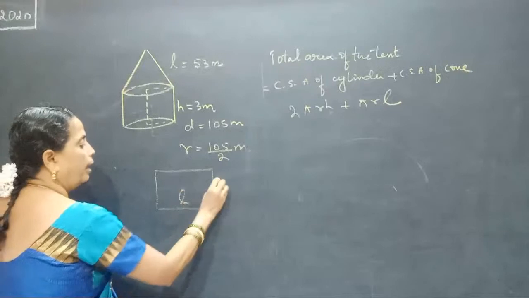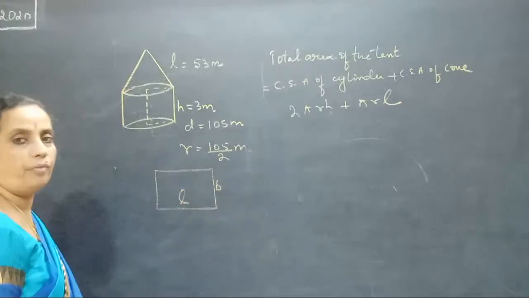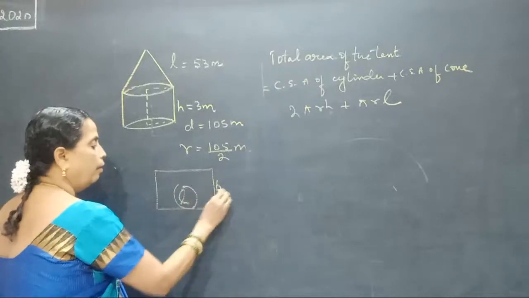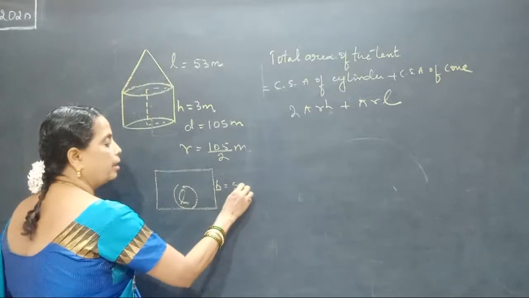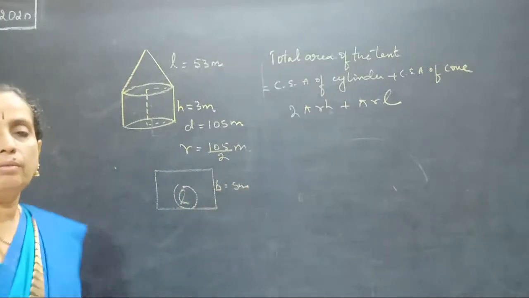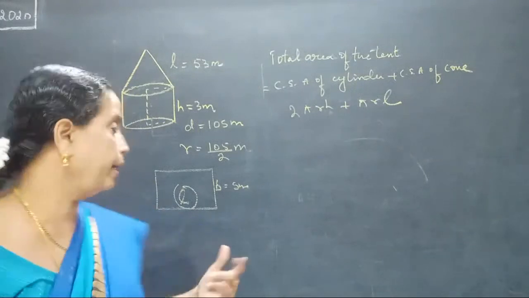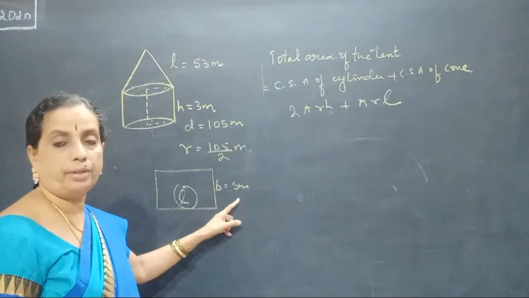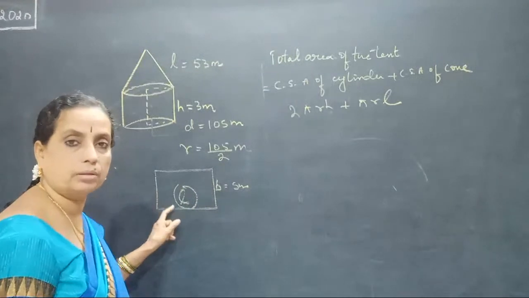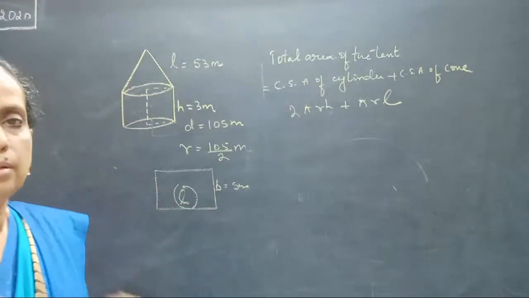This is L and this is B. Now they are asking what length when the breadth is 5 meter. That means to get the length of the cloth, you have to divide the total area by its breadth or width of the cloth, you will get length of the cloth. Okay, only change is that much.